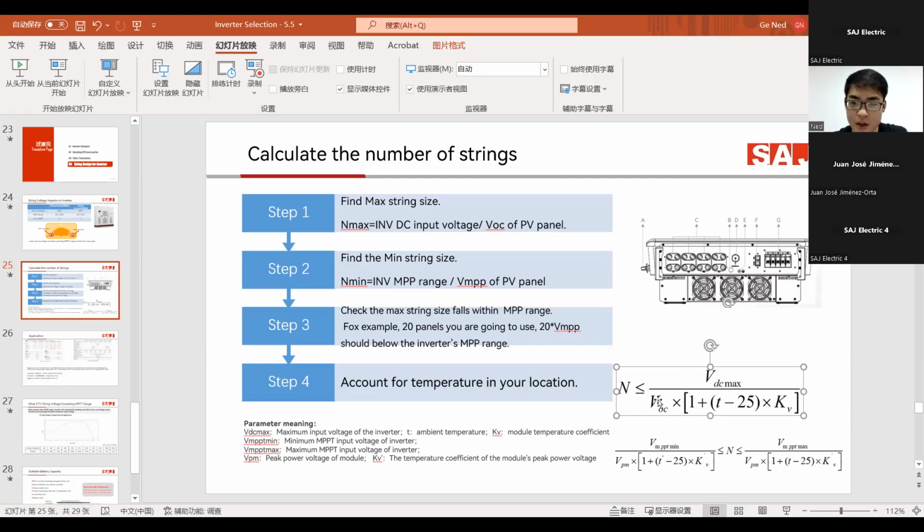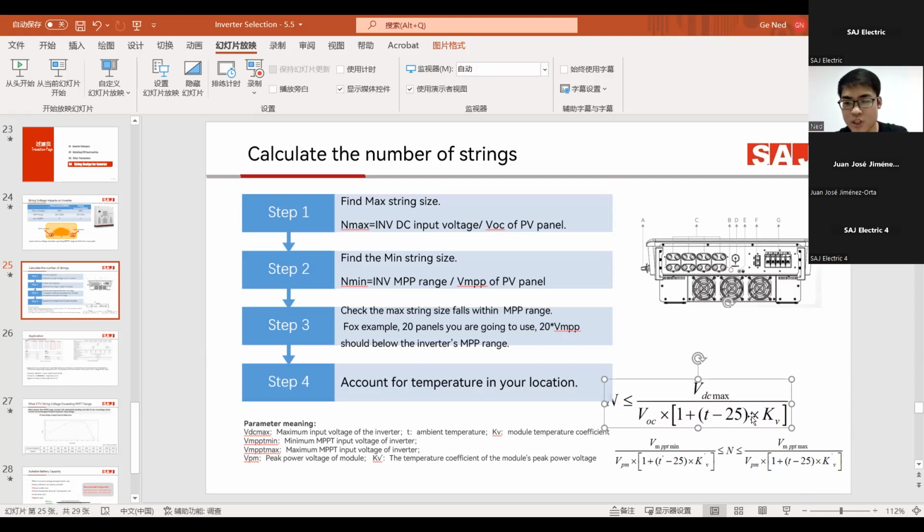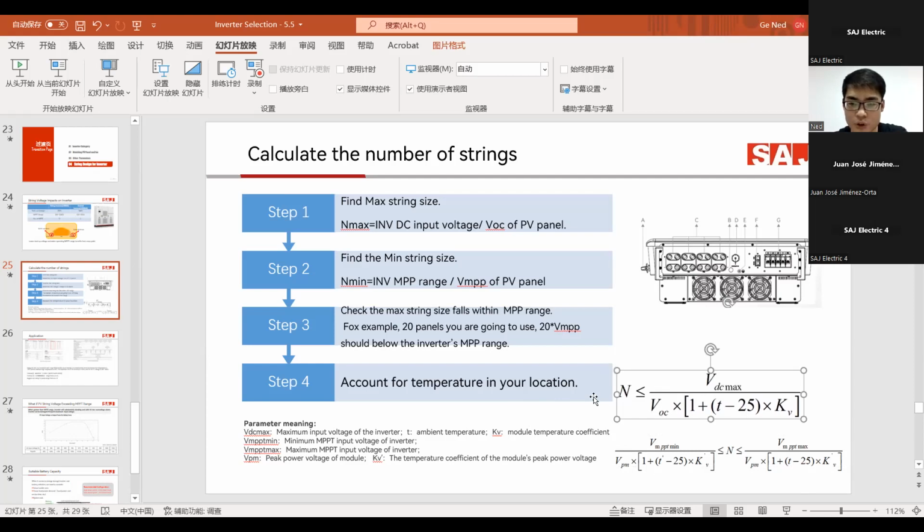Then there is the PV panel's open circuit voltage and the PV panel temperature coefficient factor. You should take this into account, and then you can get a range of the maximum number of panels you can connect.